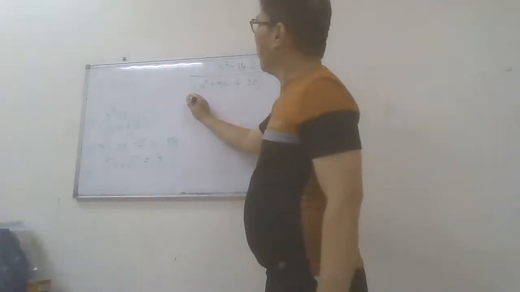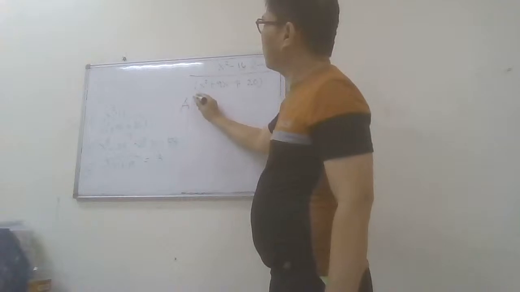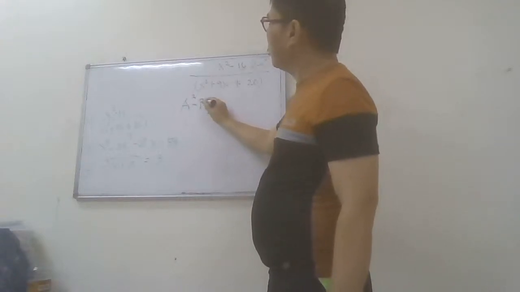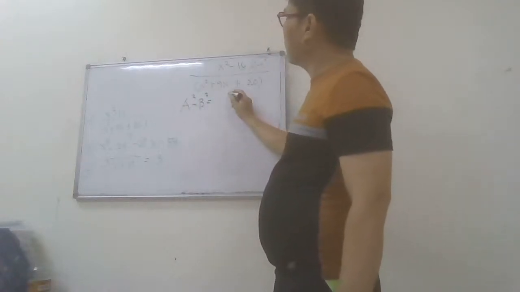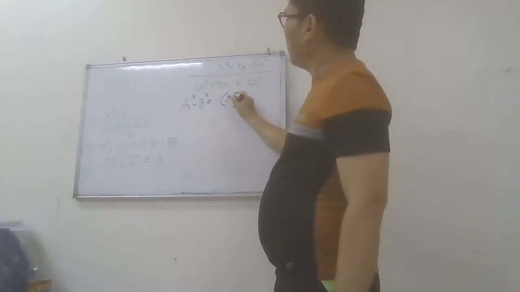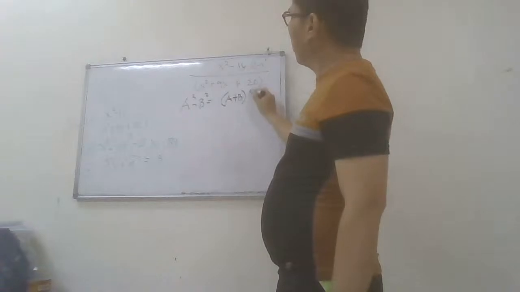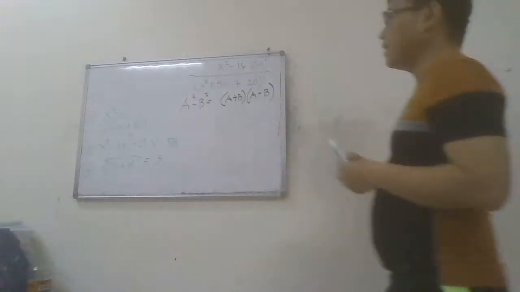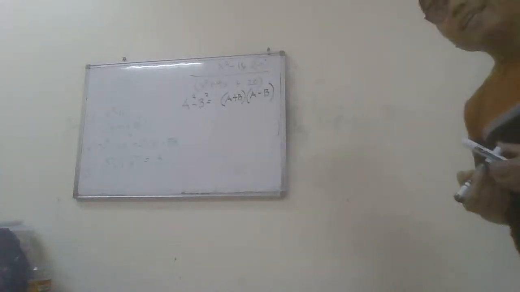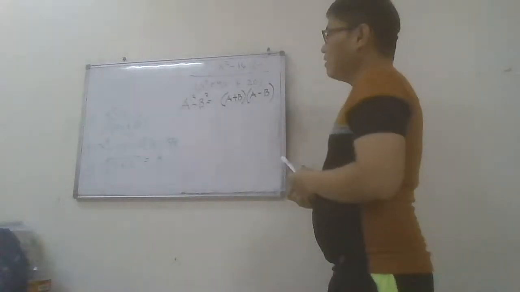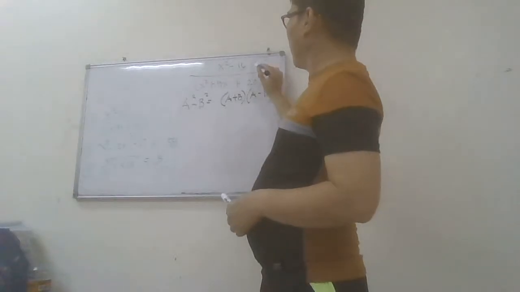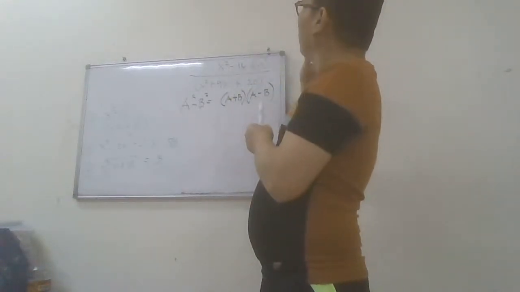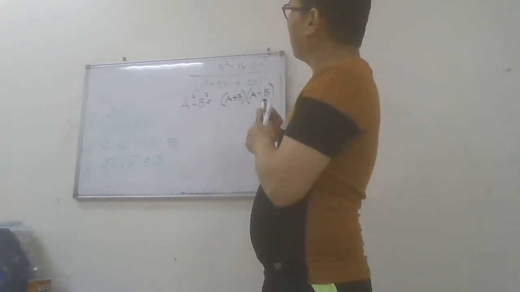So we have a squared minus b squared is equal to a plus b times a minus b. Things like that. Now, our a is x, our b is 4.